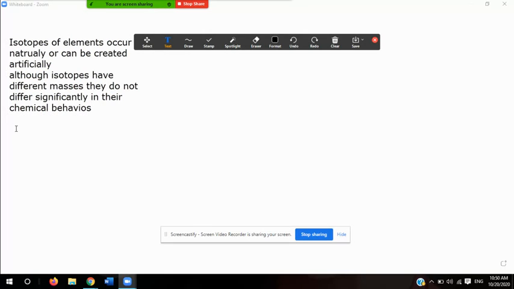Now, that being said, the mass of an electron is 0.00548 unified atomic mass.